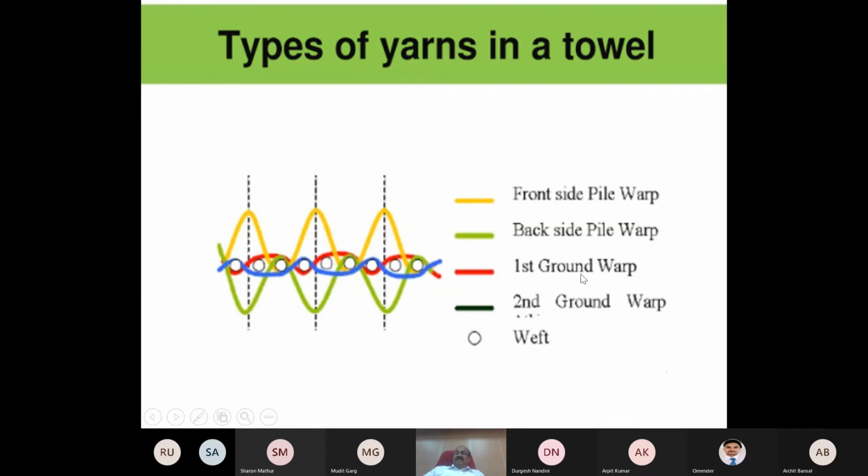So both are possible. You can have loops on the front and back side. You can have different loops on the front and back side. You can have different colors, a different count, a different pile height, a different loop structure on top and front and back. And also you can have similar ones. All the possibilities are there during the terry weaving process.